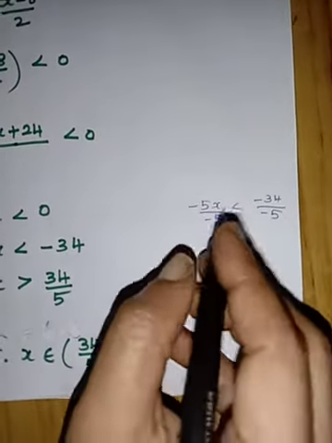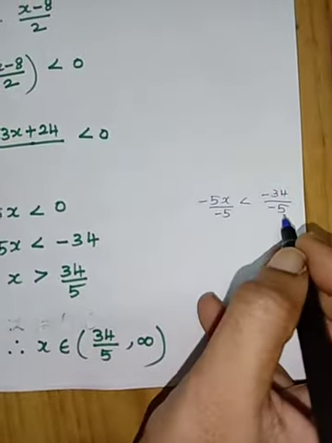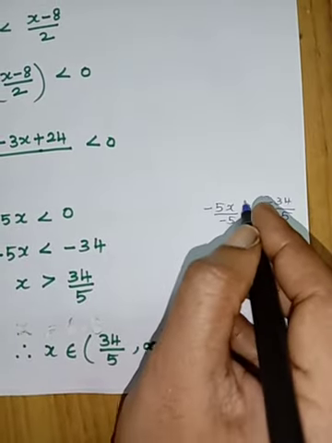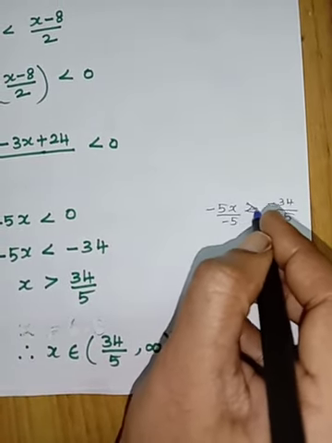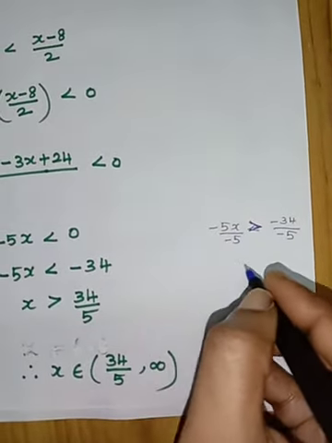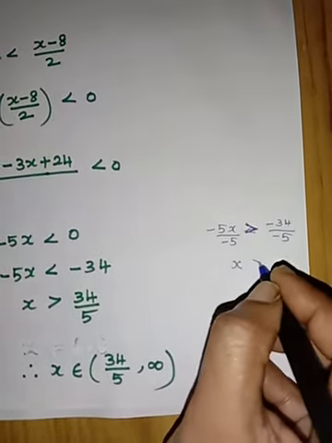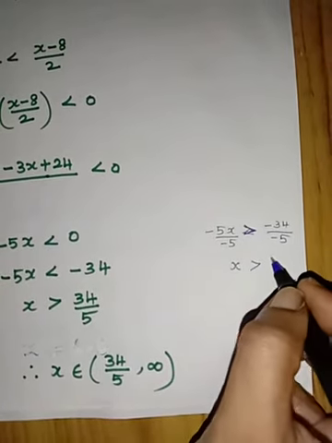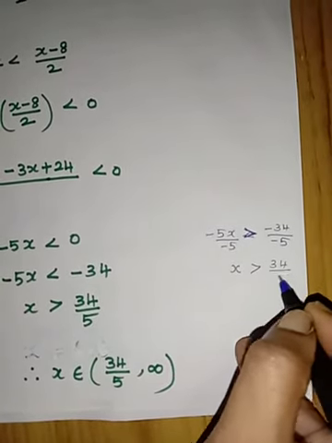Okay, so see that when it is divided by minus 5, the inequality should change. So up here you have to write greater than. Okay, so minus 5 getting cancelled. So x is greater than 34 by 5.